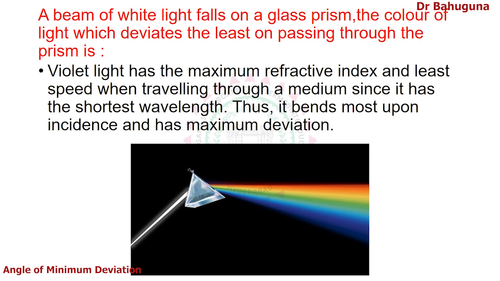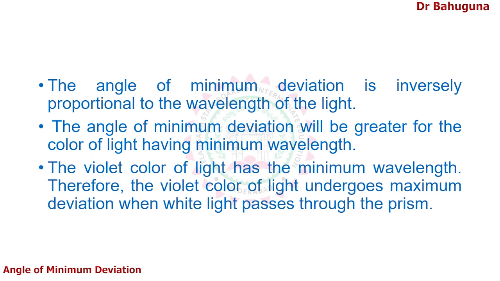So because of the shortest wavelength in the visible region, violet color has maximum deviation and also maximum dispersion. And which color is having the least value? Red color is having least deviation and least dispersion, which you can observe by seeing the figure or diagram also. Very important for competitive examinations.